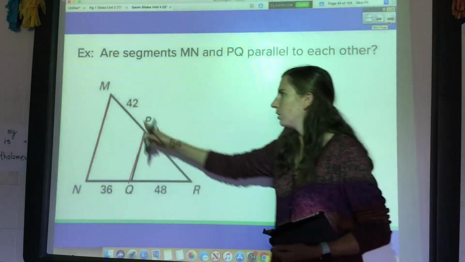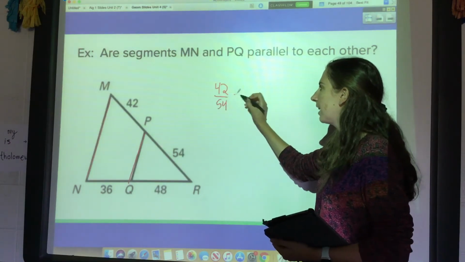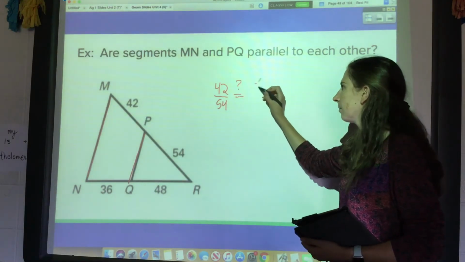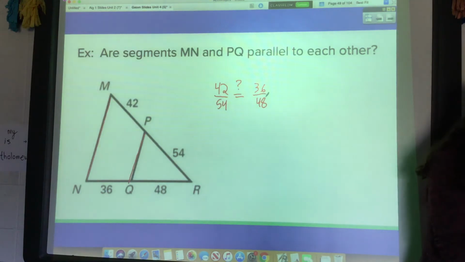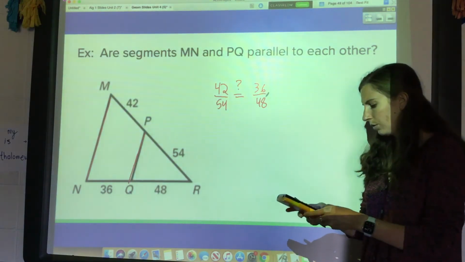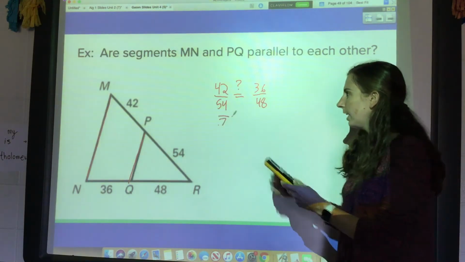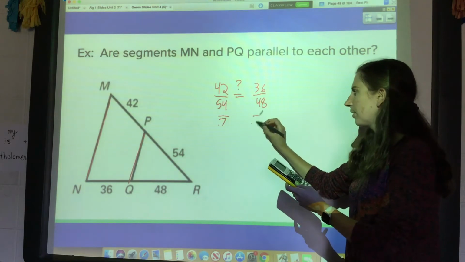So basically do 42 to 54 and see if that equals 36 to 48. I'm going to type those in my calculator real quick. 42 divided by 54 is 0.7, repeating. 36 divided by 48 is 0.75.